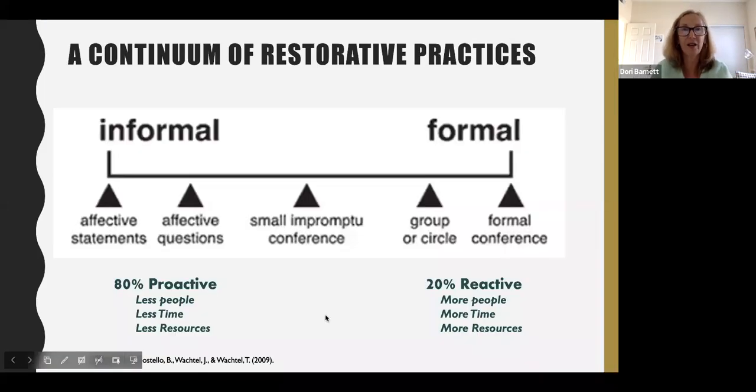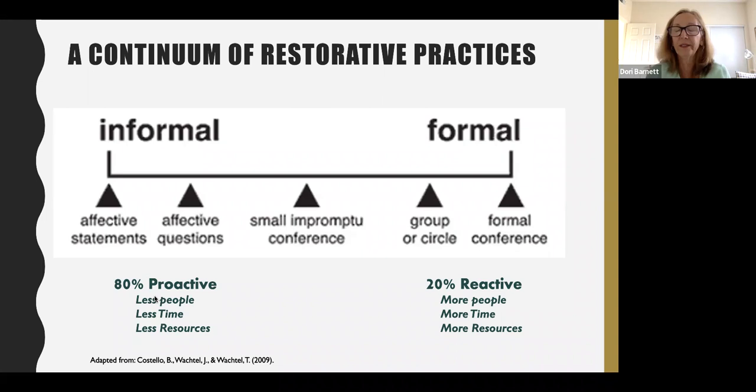And from that comes, when we talk about restorative practices, we usually describe them along a continuum. A continuum means low to high. In this continuum, we're describing the practices from the informal to the formal. Informal practices are those that we can go back to our schools or our settings and just do tomorrow, or even in our families with our partners.